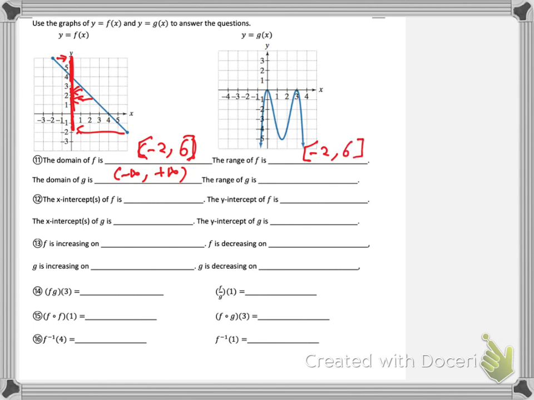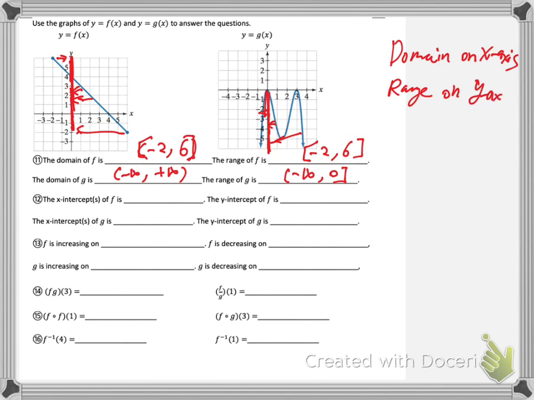Then for the range of g, we push everything to the y-axis. It goes down forever, so you get the whole negative y-axis: -infinity to 0, with 0 closed. So that's the domain and range: domain on the x-axis, and range on the y-axis.